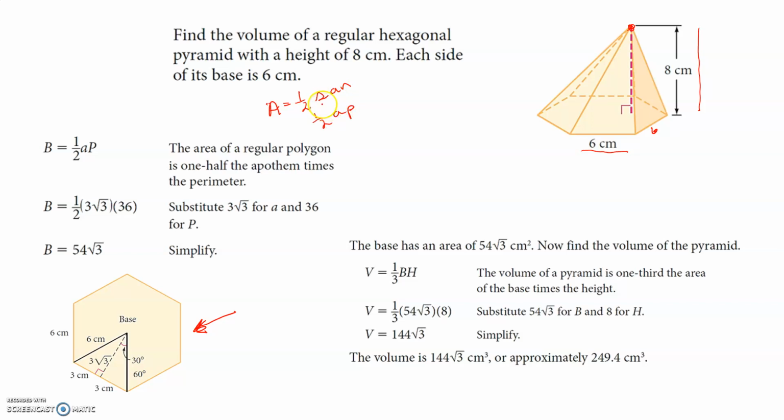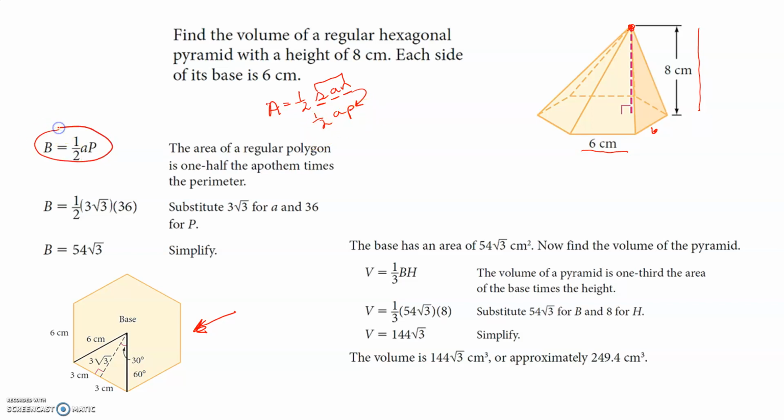Remember that? So S is the length of a side, A is that apothem, and N is the number of sides. If I take the length of a side and the number of sides and multiply them together, they actually become the perimeter. So that's the formula they're using, 1/2 AP.